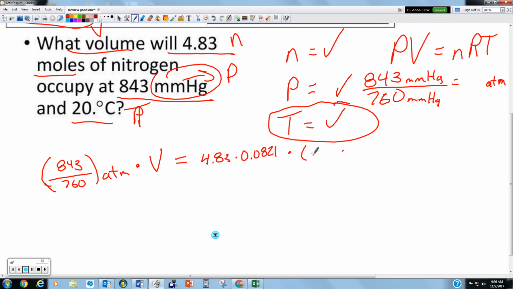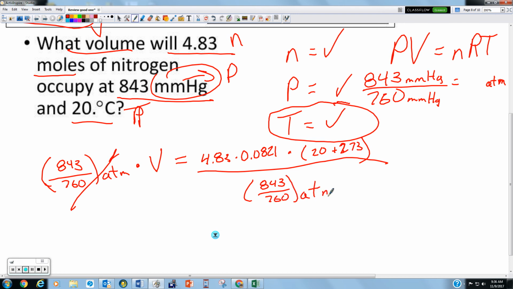Times my temperature, which was in Celsius, so I'm going to go 20 plus 273. All right, so I'm going to take that and I'm going to move it under here. And our volume should be in liters.